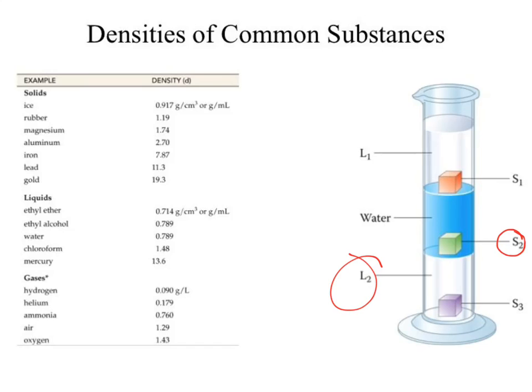What is the density comparison between S2 and water? Any guesses? I don't think that one's that hard. S2 is more dense because it is settled to the bottom of our water layer. How would you know that they were the same?